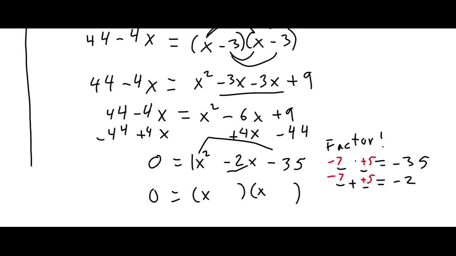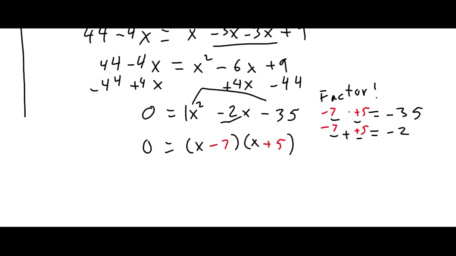So put those into your binomials, and we therefore have 0 equals the quantity x minus 7 times the quantity of x plus 5. If we remember what we did a while ago, we have to set both factors equal to 0 and solve, which means you have x minus 7 equals 0 and x plus 5 equals 0.